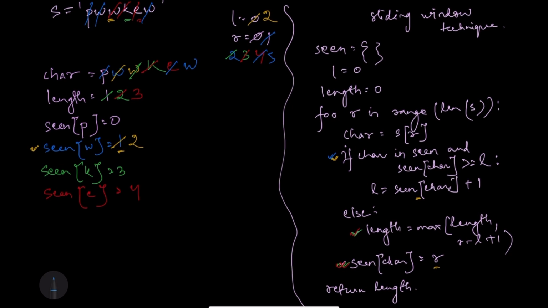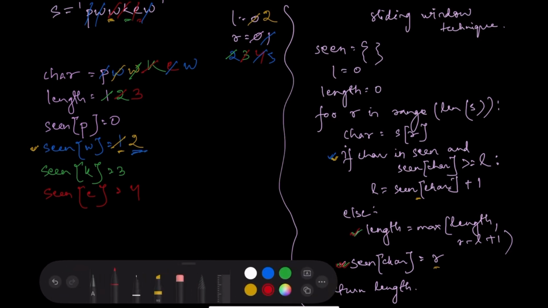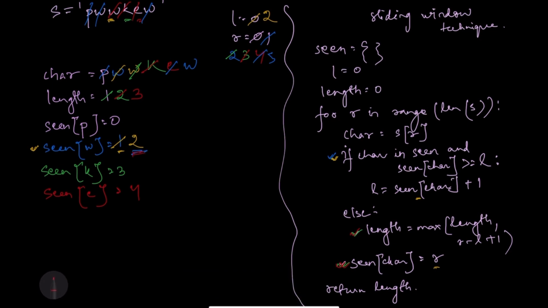So our character is present in the hash map as we have seen here, and our character index is greater than or equal to L. So if you would see here, the index of our character W, so let me use red, it is 2. Our left is 2. So even though it is not greater, it is equal to.